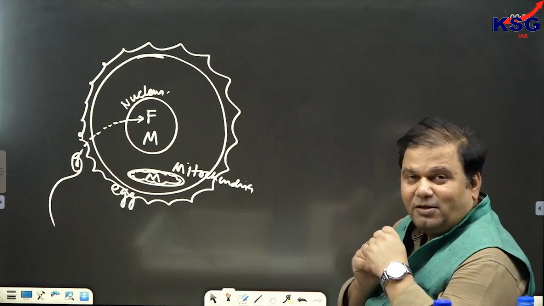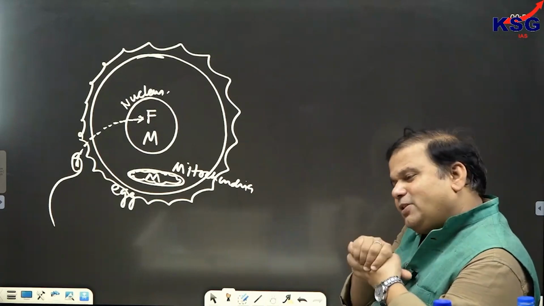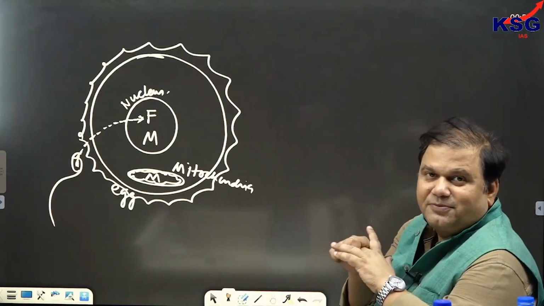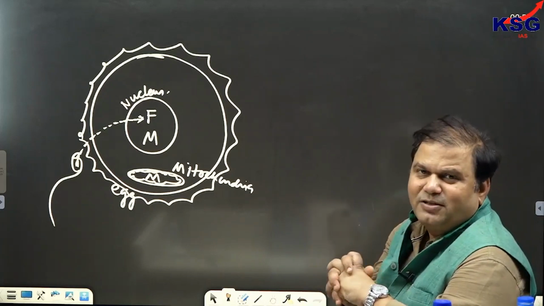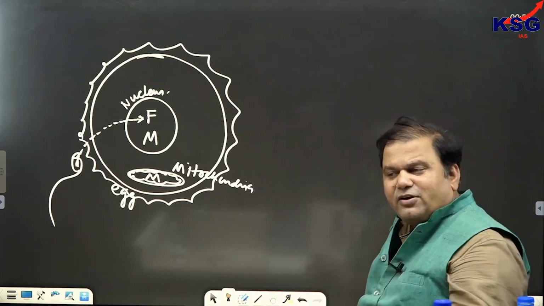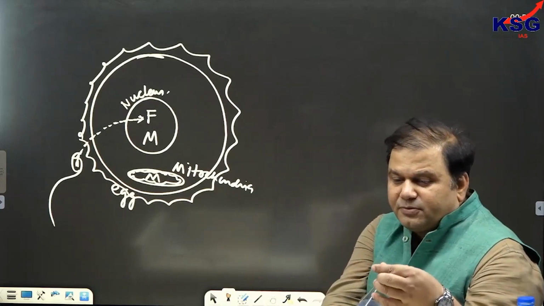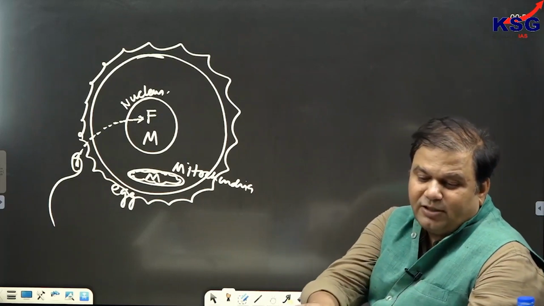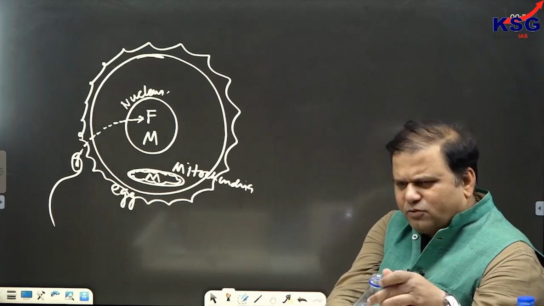If we say that 20,000 genes are present in humans, out of these only 37 genes are determined by mitochondrial DNA.